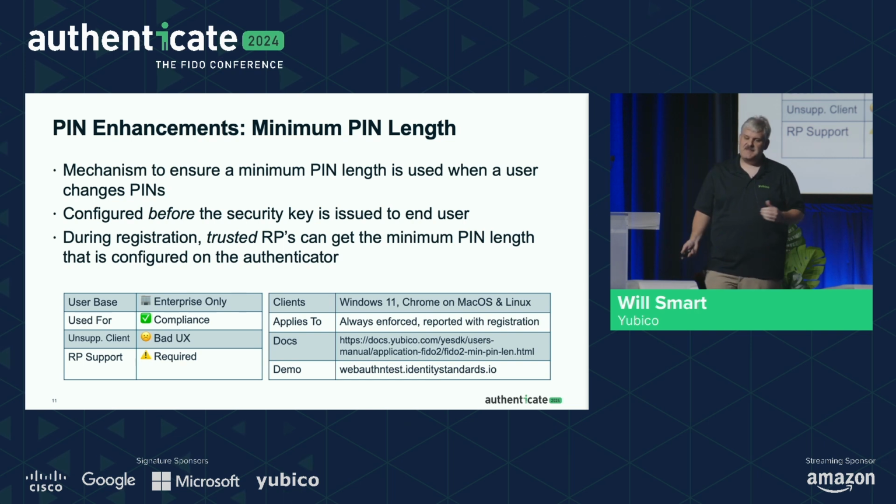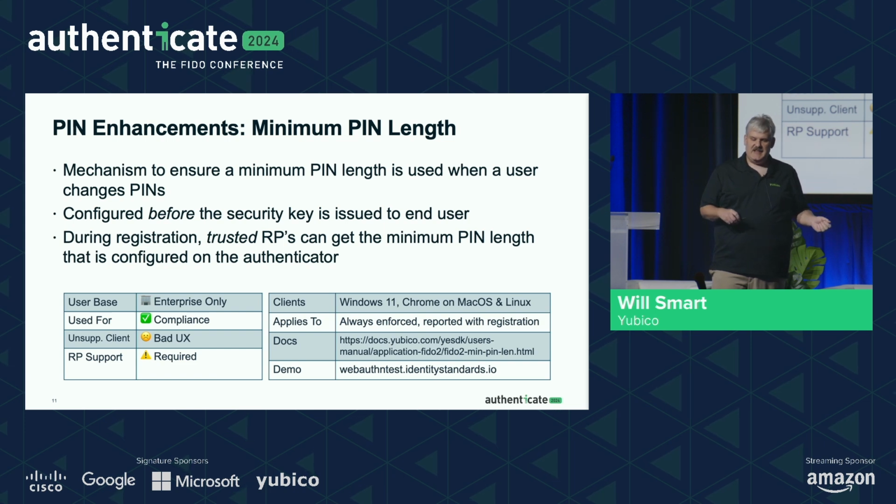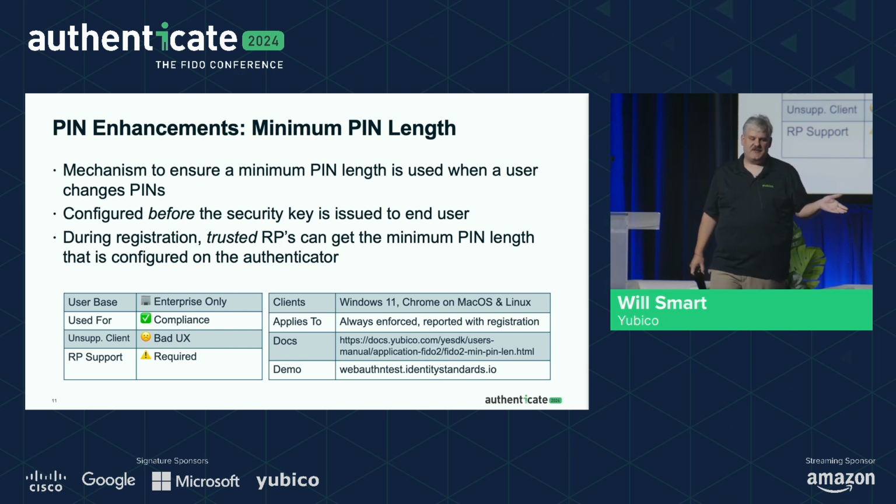The next one up is minimum PIN length. Minimum PIN length is a mechanism to ensure that the PIN is always... how do I want to say this? This gives organizations more flexibility than just relying on the FIDO standard minimum PIN length of 4.